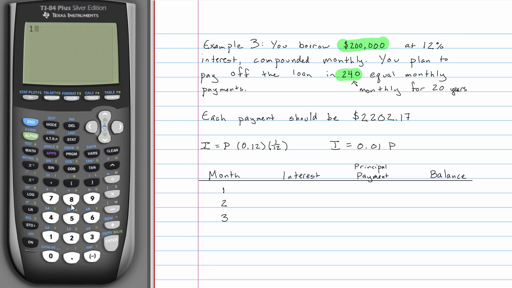All right. That means that in the first month, the interest is 0.01 times 200,000, which is $2,000. Whoa, that's almost my whole payment, right?